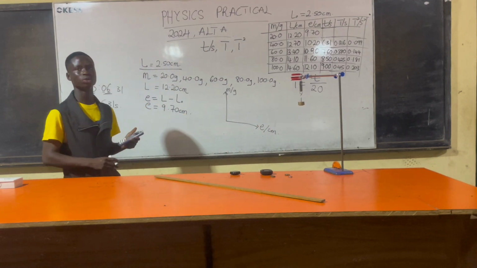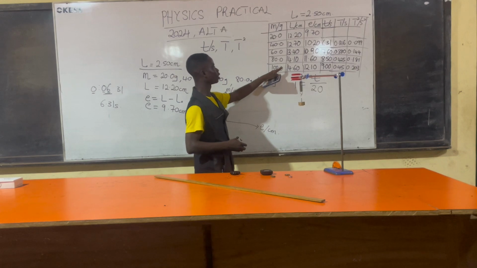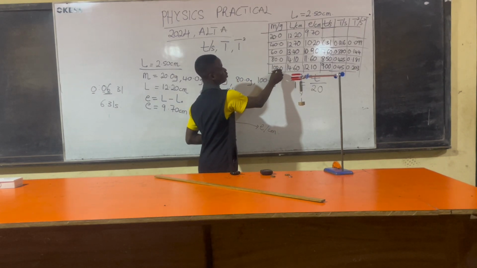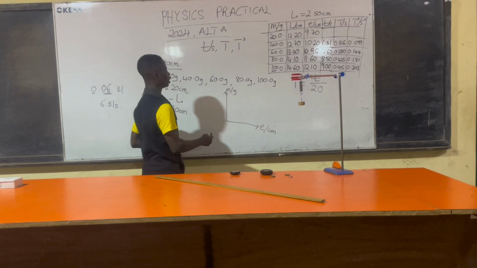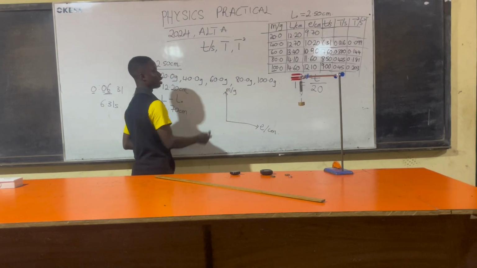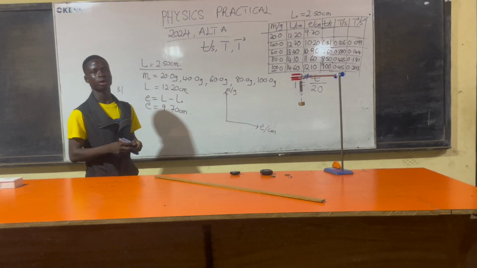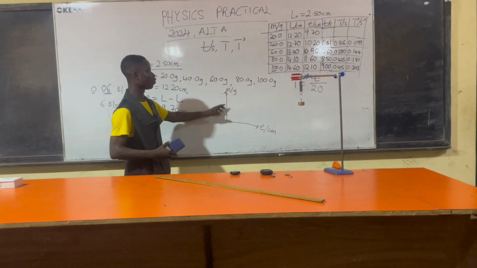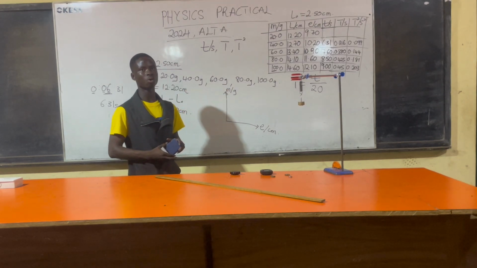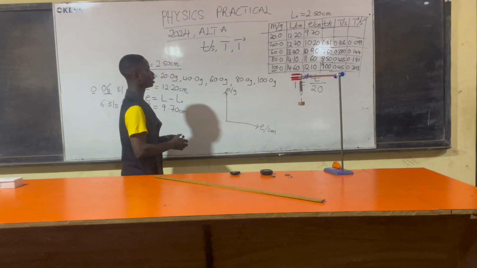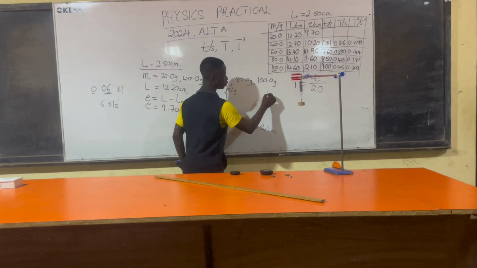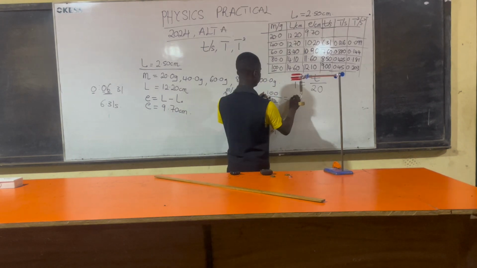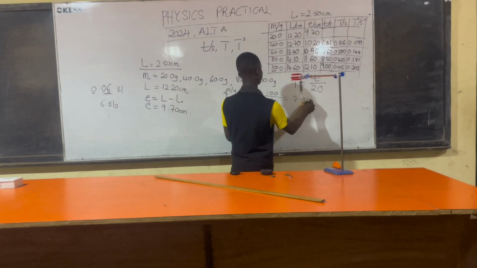One, you take your biggest value, that's 100 grams, then you divide it by the number of boxes on the axis that you are working with. For M, we are working with the vertical axis, where we have 12 boxes. So we divide 100 by 12 boxes, 8.33.